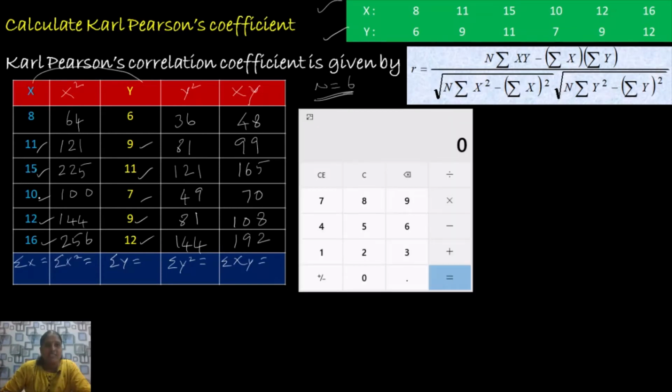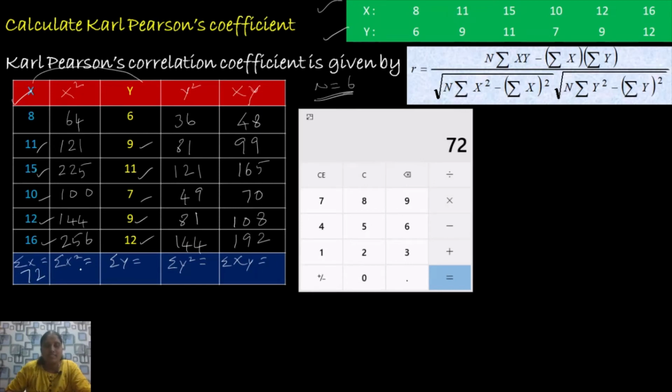Now let me first add the values of x, that is 8 plus 11 plus 15 plus 10 plus 12 plus 16 equals 72. So the sum of the values of x is 72.